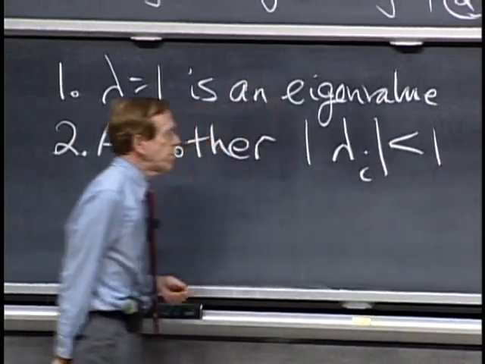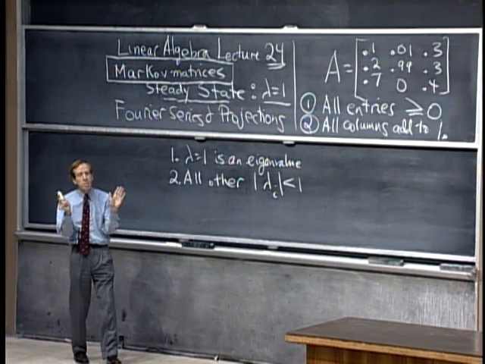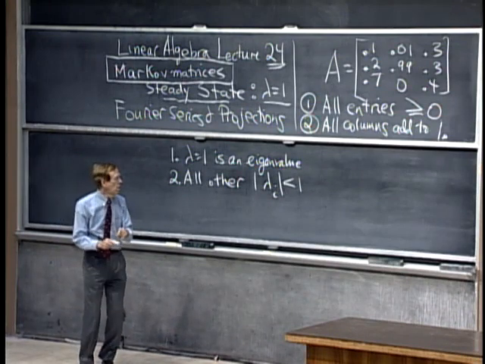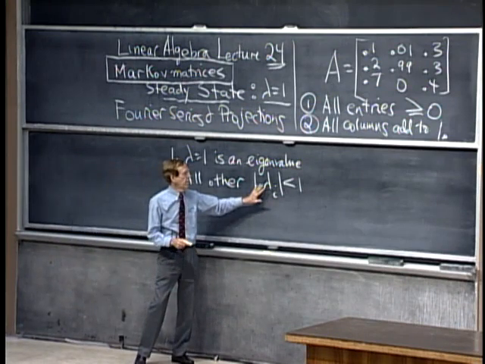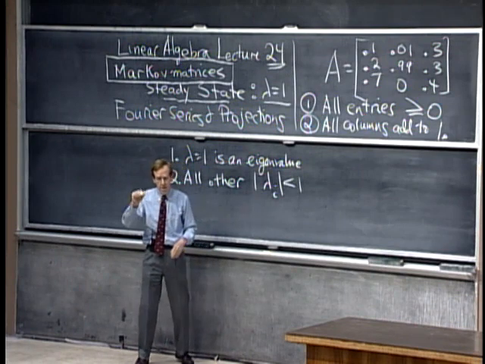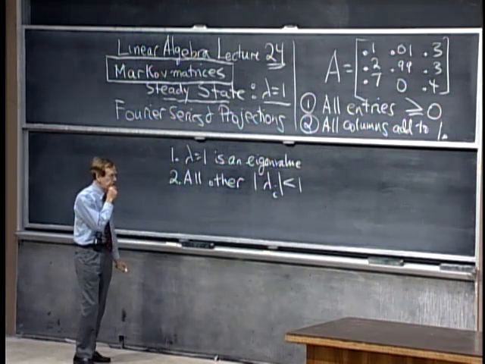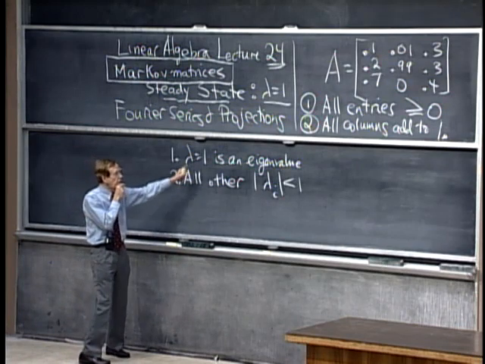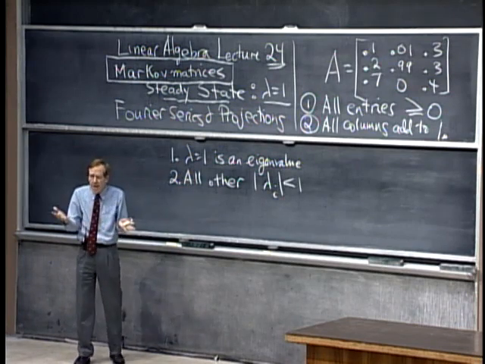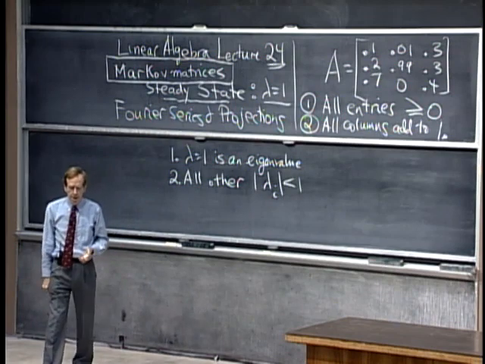In absolute value, smaller than 1. Well, there could be some exceptional case when another eigenvalue might have magnitude equal to 1. It never has an eigenvalue larger than 1. So these two facts, somehow linear algebra ought to tell us.